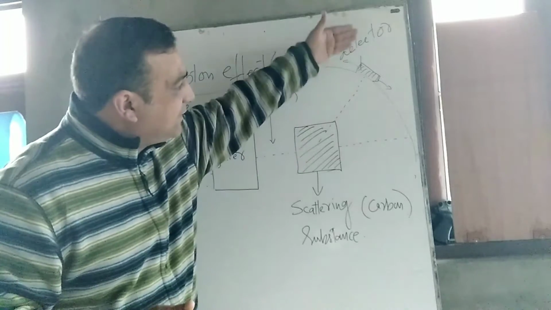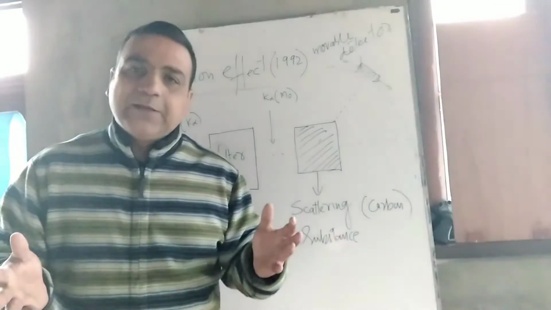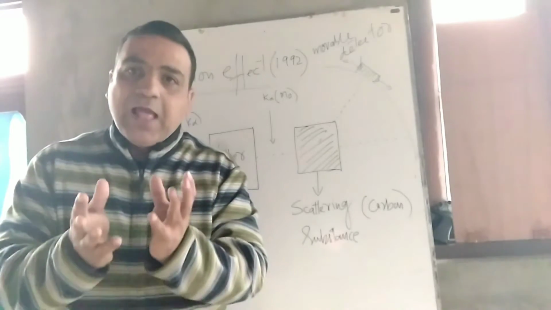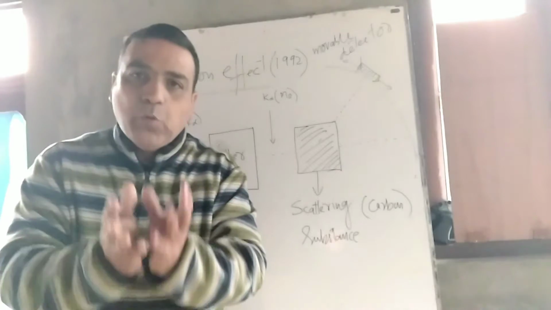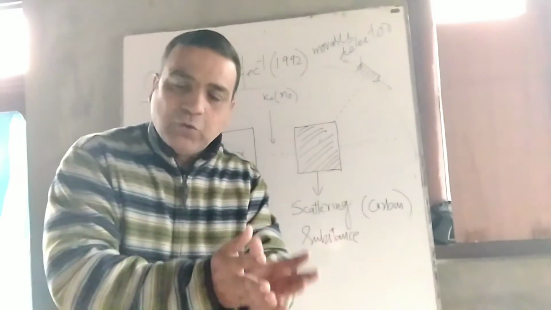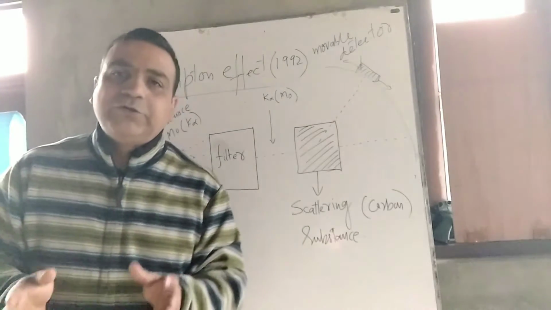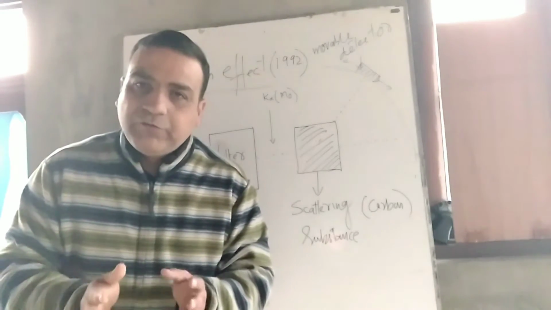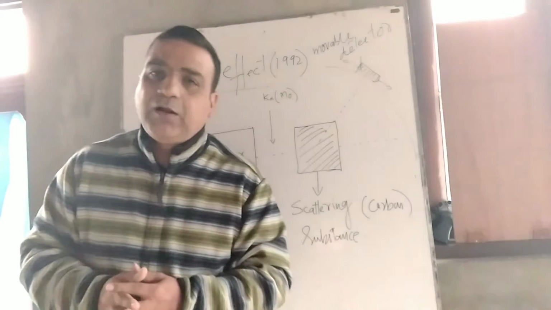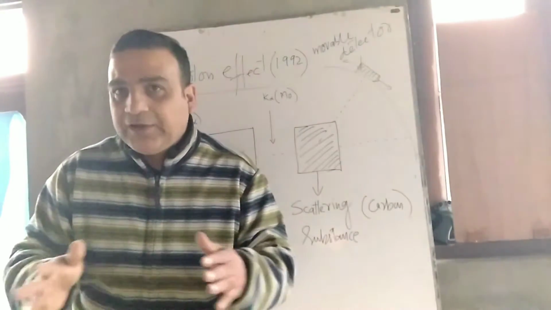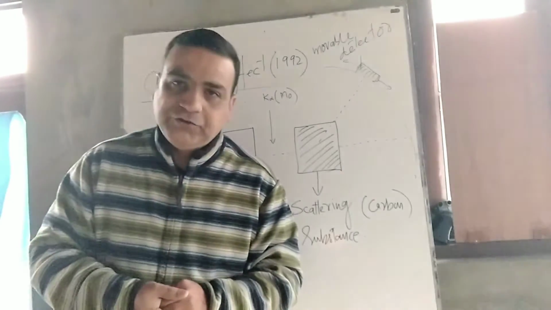They have been scattered, and what we have obtained is unmodified radiations and modified radiations. So modified radiations are those whose frequencies are found to be less than that of the incident radiation, and unmodified radiations are those in which there is no change in the frequency of the incident radiations.